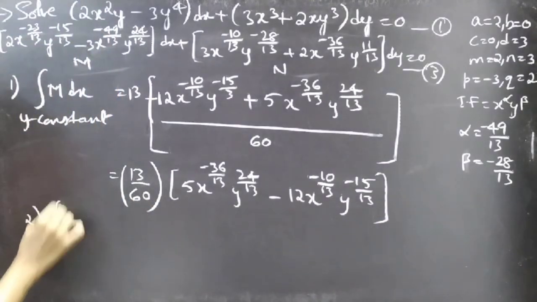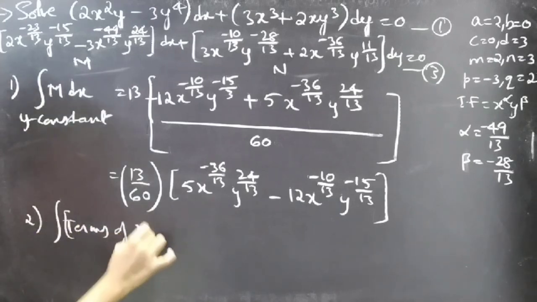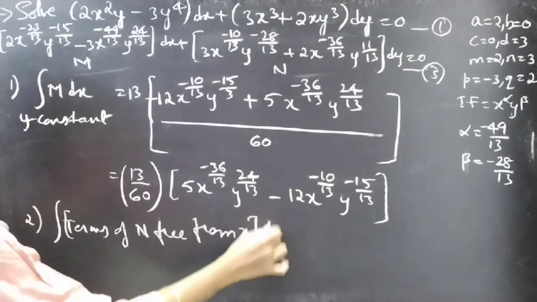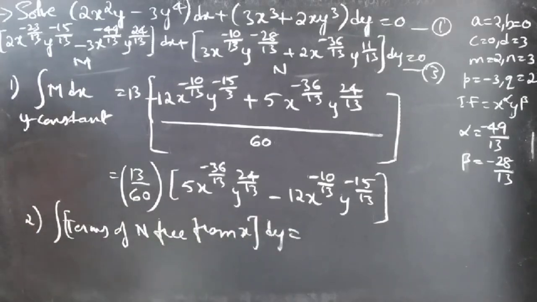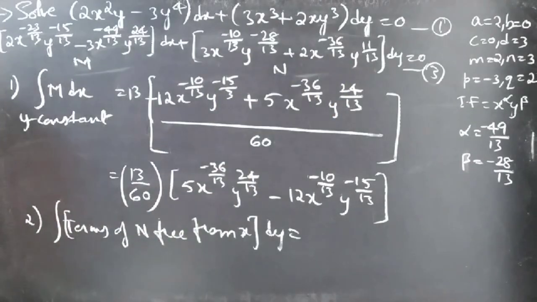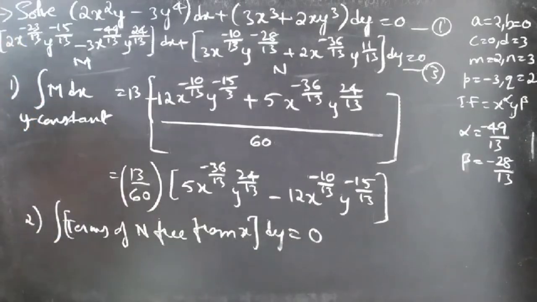Now coming to the second integral, integral of terms of n free from x into dy. Since you don't have any such term which is free from x in n, the integral of terms of n free from x into dy is 0.